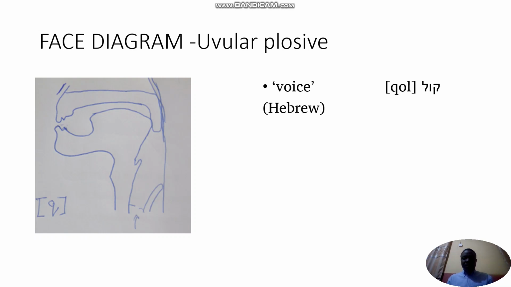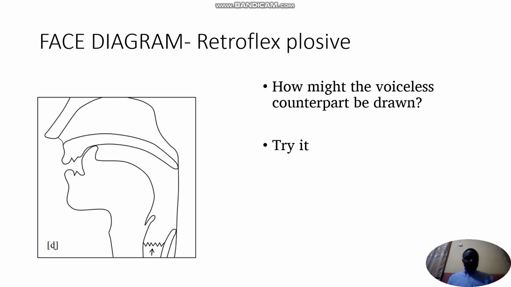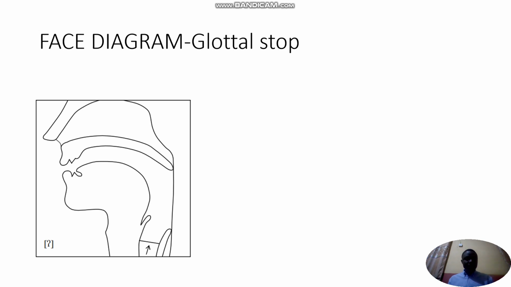In transliteration, of course, they use a Q, which is the IPA equivalent. And I just try to show you the retroflex da. And how is this? The tongue curls behind.